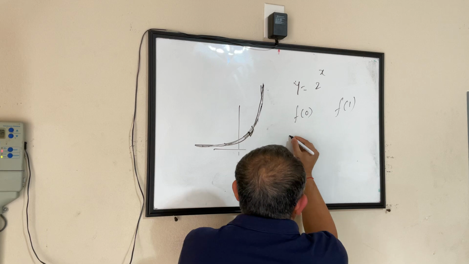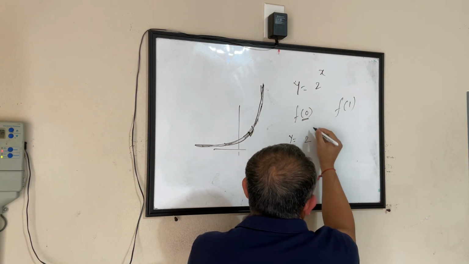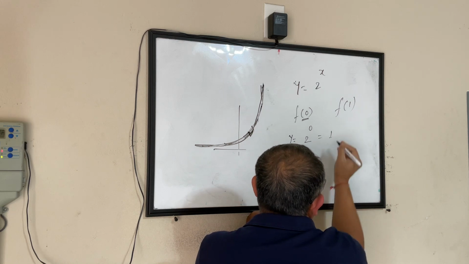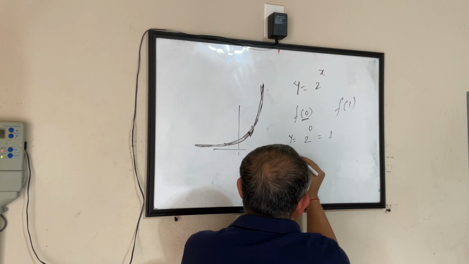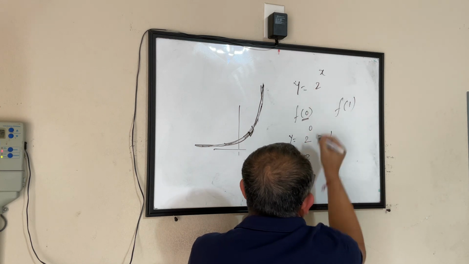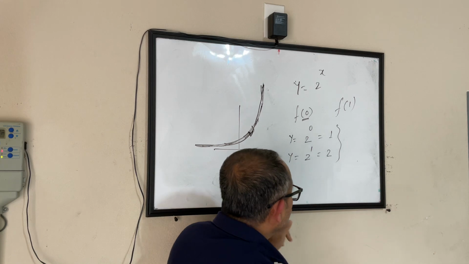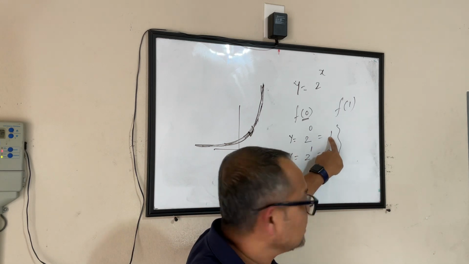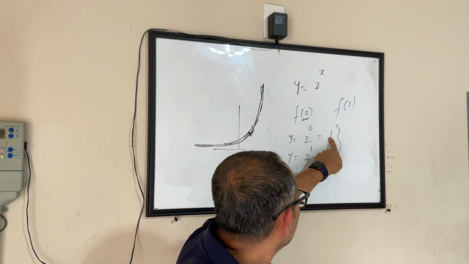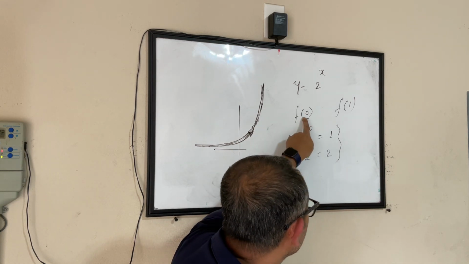So now let's look at solving this one. What is the value of y when x equals 0? I'll put a 0 here. My value of y is 1. What is the value of y when x equals 1? Here you see that my value of y is 1 for x equal to 0, and value of y is 2 in case of x equal to 1.